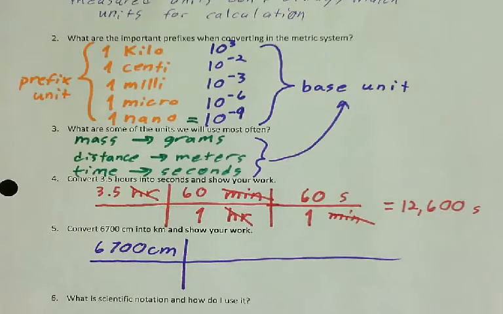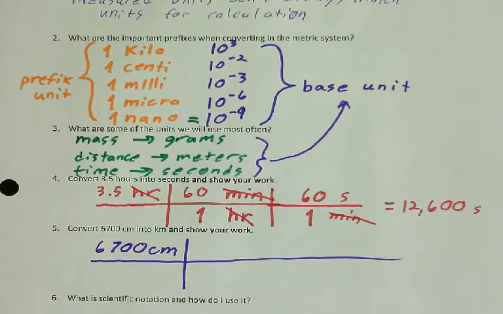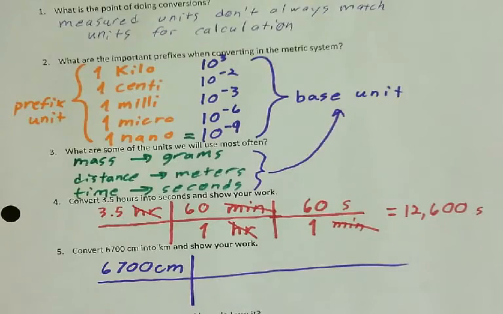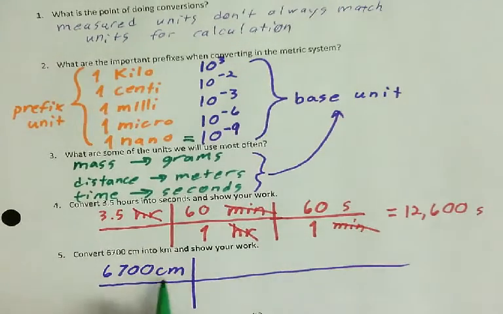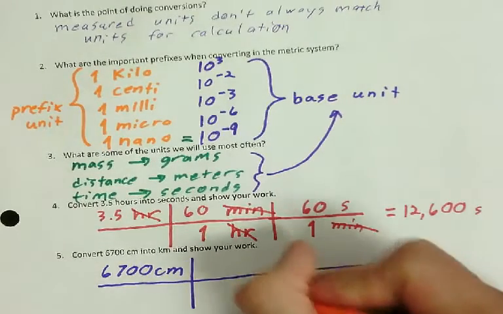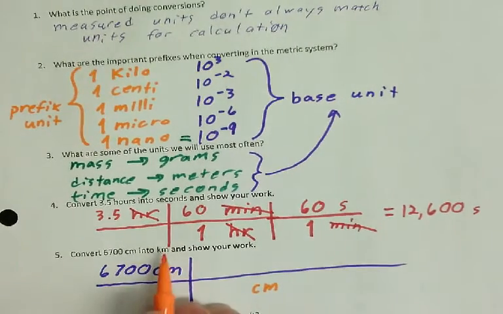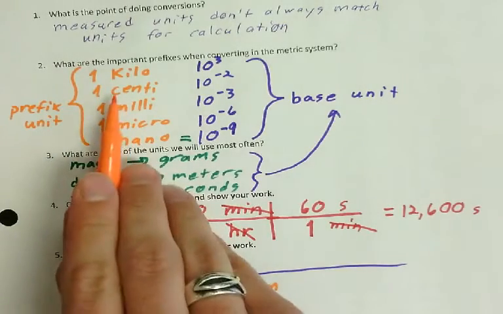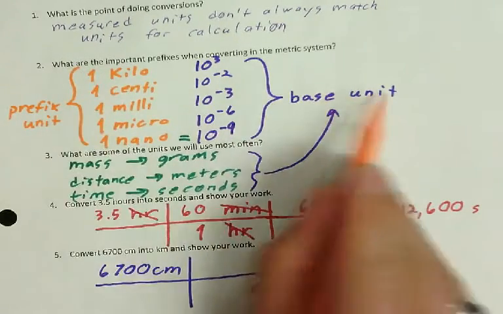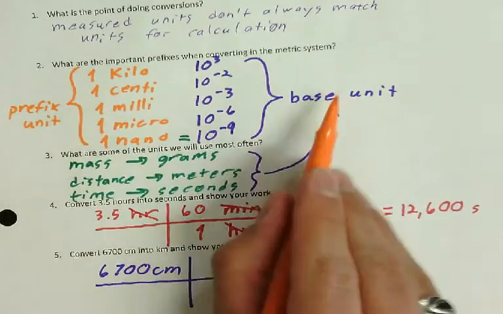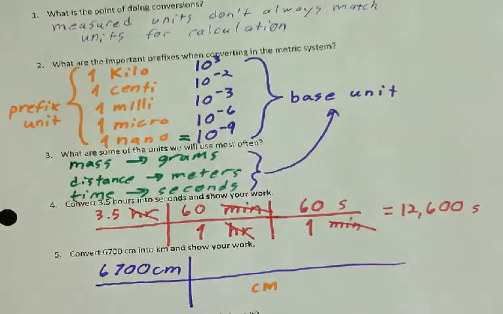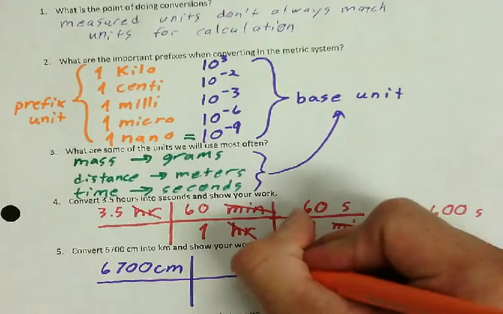So, coming back here. What I have goes in the bottom. What I want goes in the top. I started with a prefix unit, so my prefix unit goes in the bottom, centimeters. Now I want to get to kilometers, but I don't know how many centimeters are in a kilometer. I know how many centimeters are in a meter. So I'm going to go to meters next, not to kilometers.